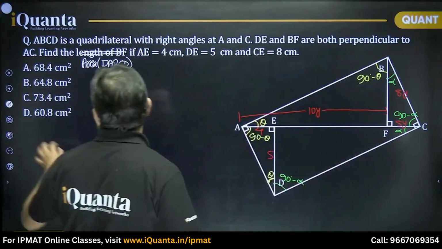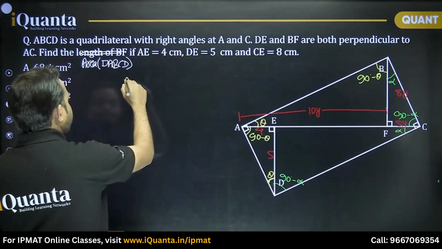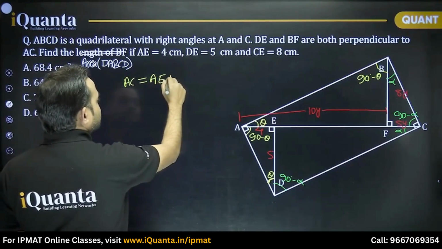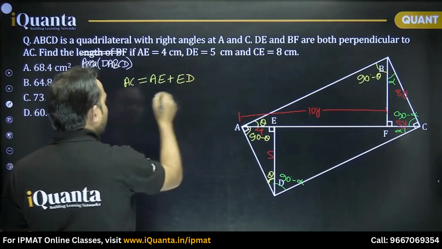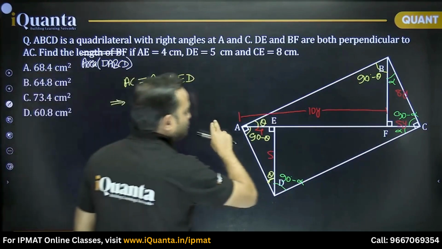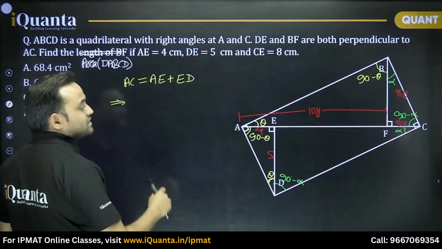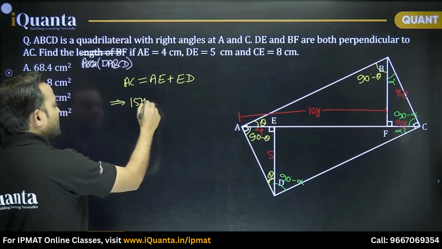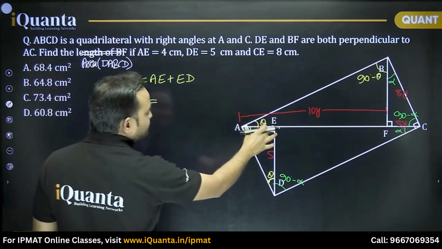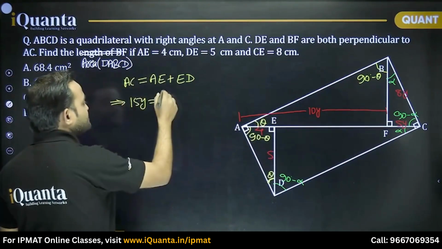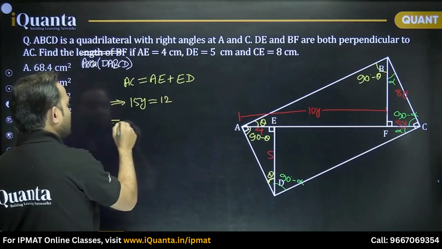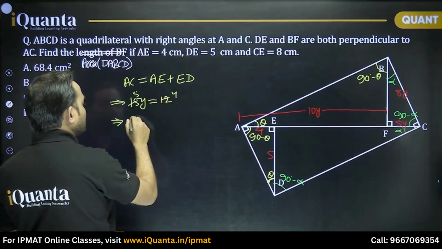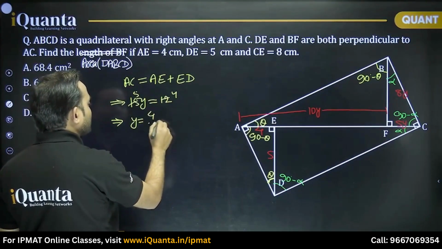Can we say length of AC will be equal to AE plus EC, or AC is equal to AF is 10y and FC is 5y. We can say 15y is equal to AE is given 4, EC is given 8, so this will be 12, or this is 3 into 5, this is 3 into 4. We can say y is equal to 4 upon 5.